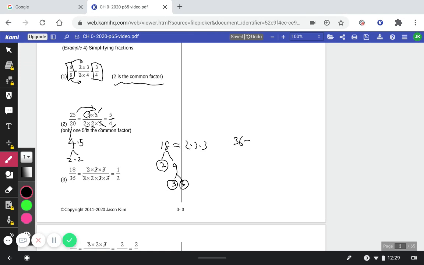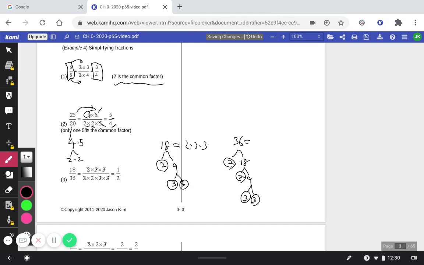Now 36 is 2 times 18. And 2 is a prime number, but 18 is a composite number. So you can do more. 2 times 9. So 2 is a prime number, but 9 is not a prime number. 9 is a composite number. Again, you can break it into 3 and 3.